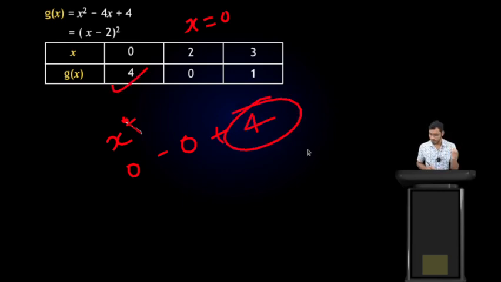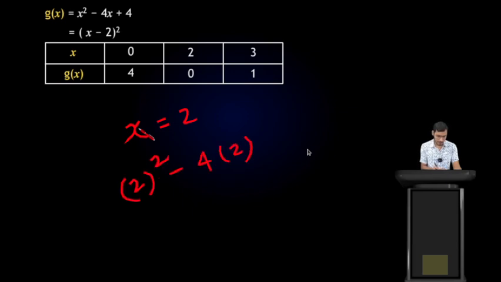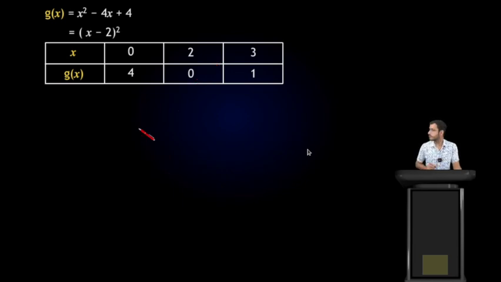When we substitute x equal to 2, so here x square means 2 square minus 4 into 2 and plus 4. So the answer is 2 square is 4 minus 8 plus 4. So 4 plus 4 is 8 and 8 minus 8 is 0. So the answer is 0 here. When we substitute 3 in the equation, that means x equal to 3 here.